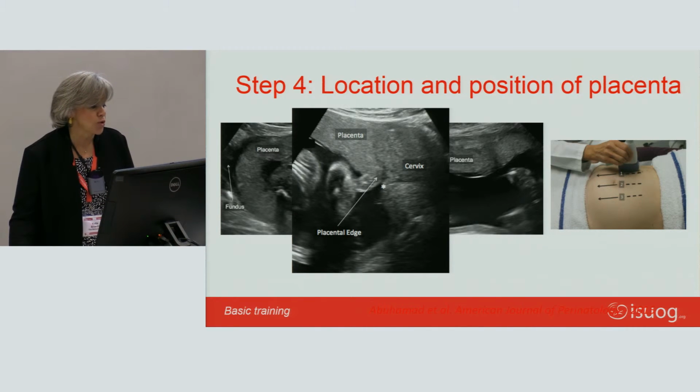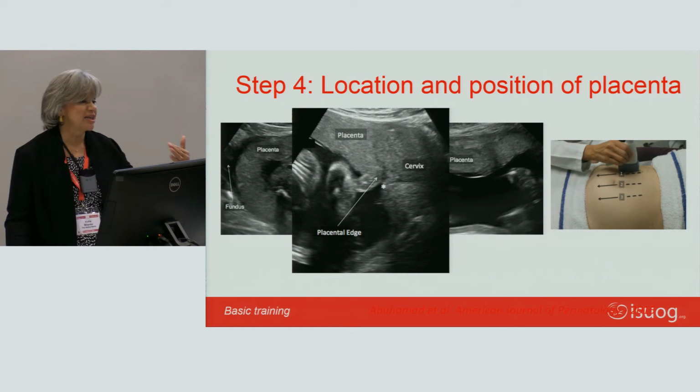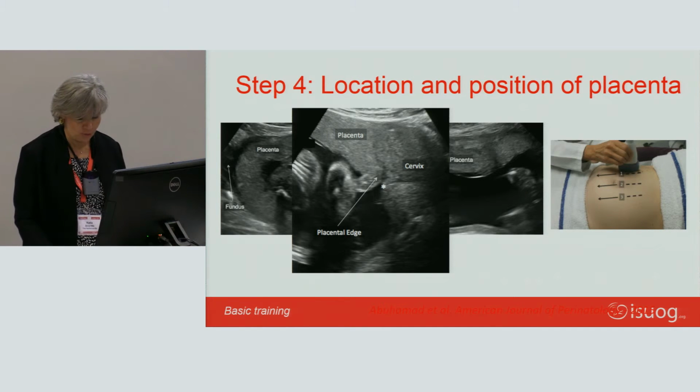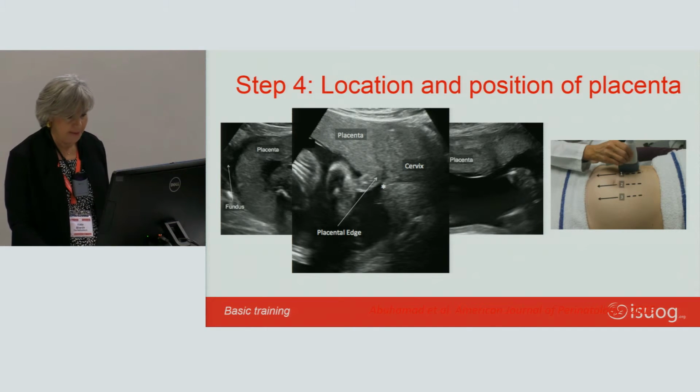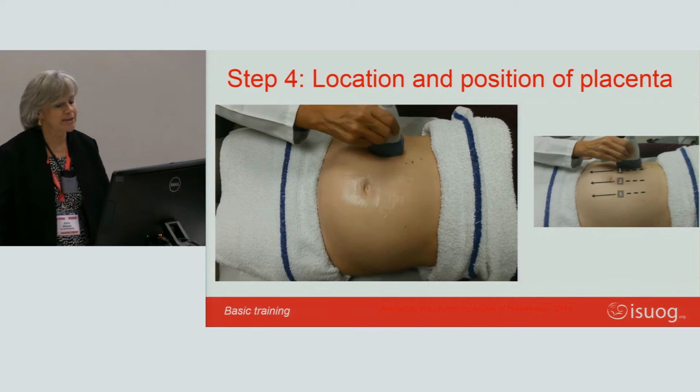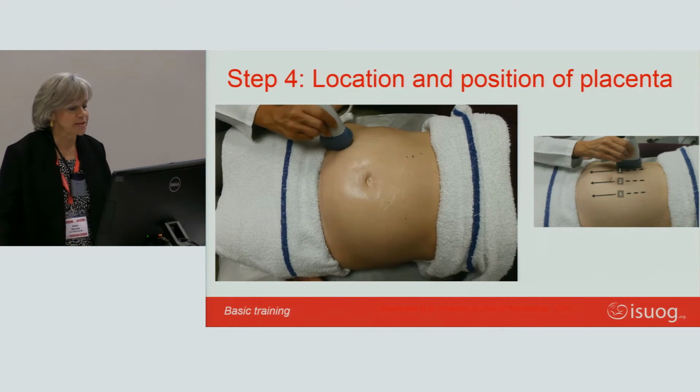And it could also be that the placenta is lying posteriorly, and especially in advanced pregnancy it may be more challenging to evaluate the placental position because fetal parts may be in front of it and obstruct our view. So let's see how we do this.